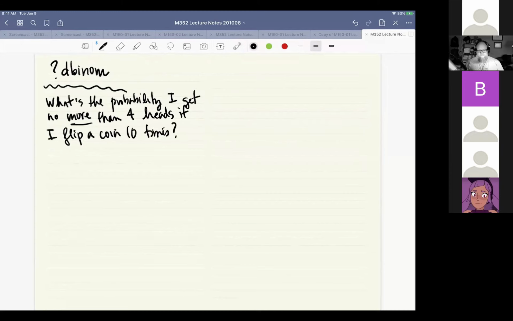Okay. So what's the probability that I don't get 5 or 6 or 7 or 8 or 9 or 10, right? What's the probability that I get none, 1, 2, 3, or 4? Okay.